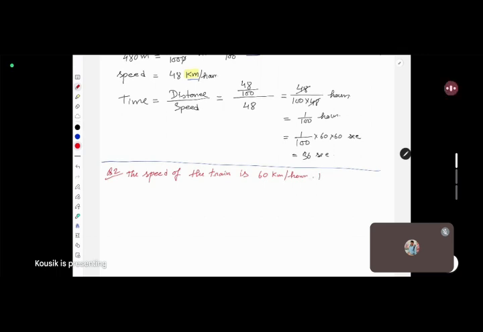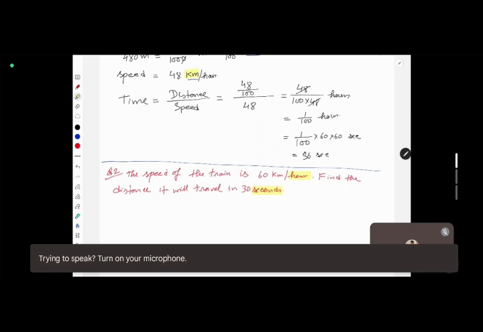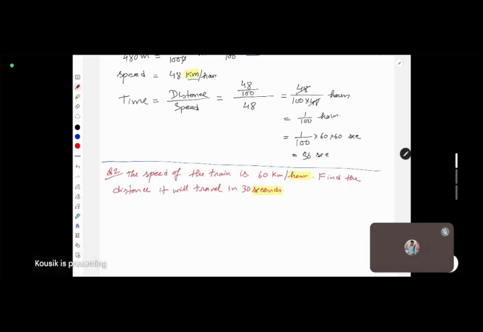Find the distance it will travel in 30 seconds. Here also you should apply the, because see that there is a time in second and there is hour. তাহলে এটা time is given, question is find the distance.